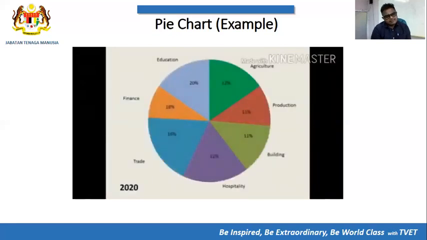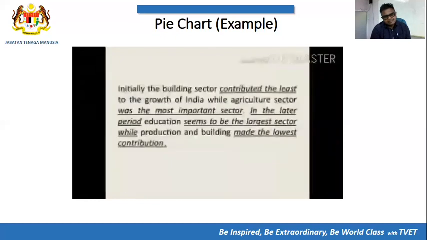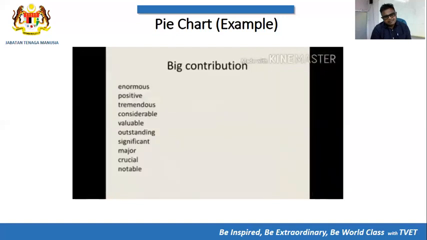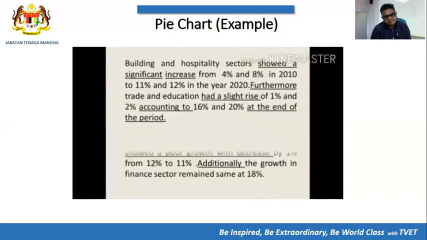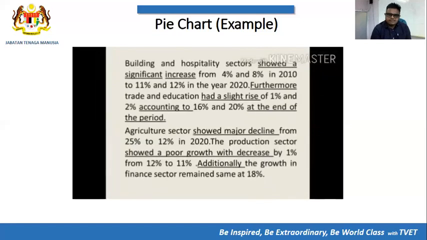You can show how much it increased: 1% it increased, or 2%, or 3%, whatever percentage is shown between the 2 years from 2010 to 2020. That amount of increment you have to show in the paragraph. This comes under paragraph 2.